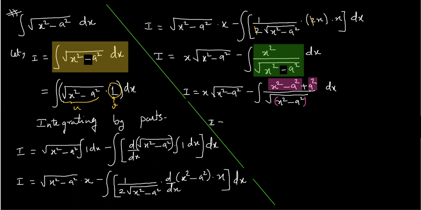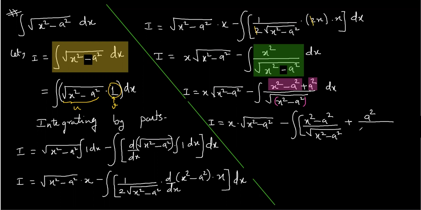So I get I equals x multiplied by the square root of x square minus a square, minus the integral of x square minus a square divided by the square root of x square minus a square, plus a square divided by the square root of x square minus a square, dx.